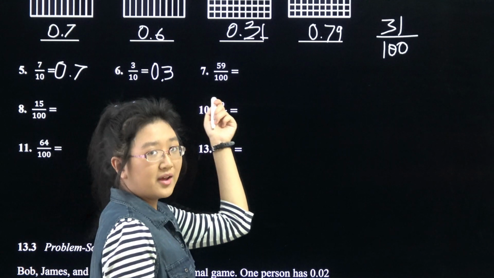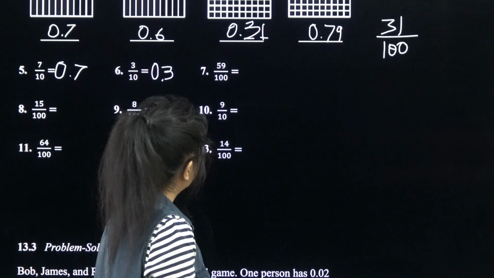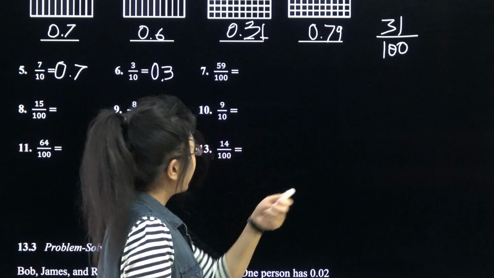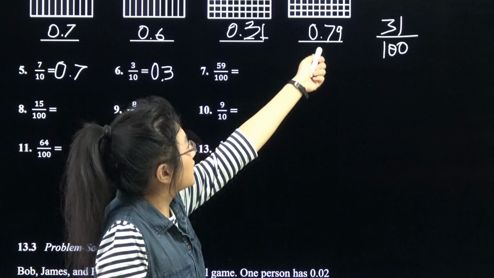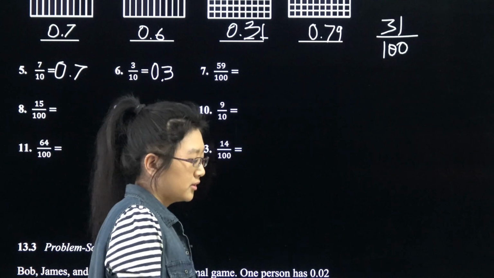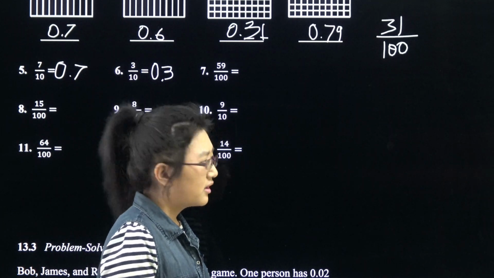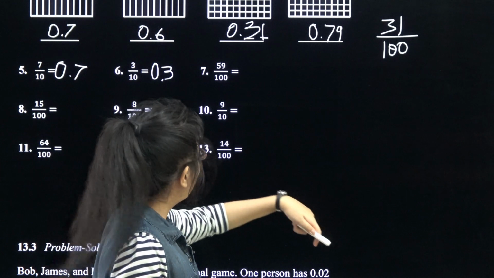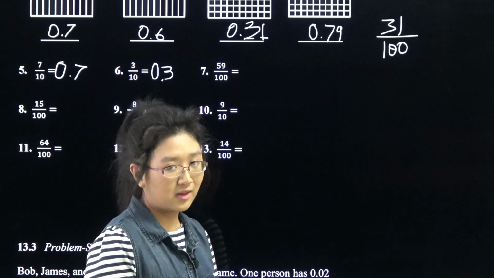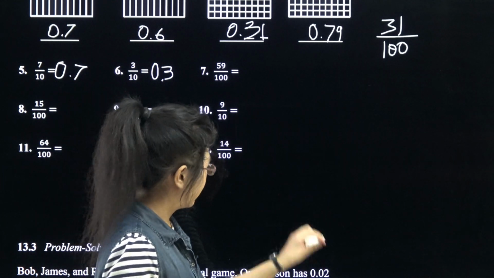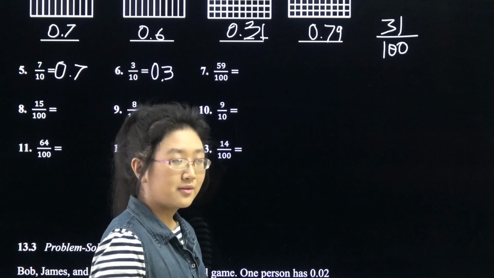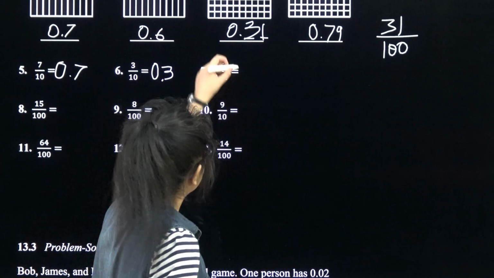But this one has 100 as a denominator, so it'd be something hundredths. 59 hundredths. Now if we know that, then how many digits after the decimal point would there be? 2.